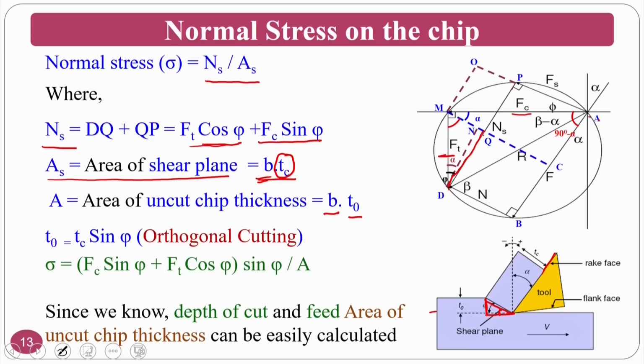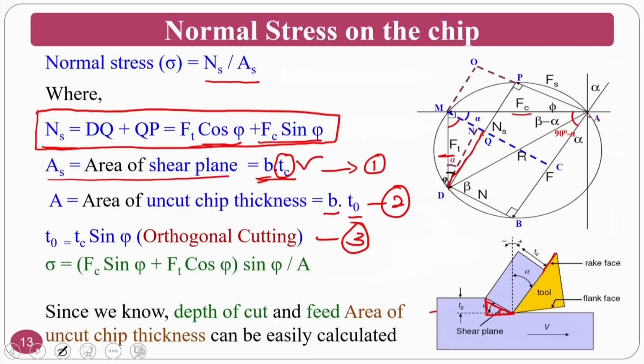Now we don't know what is the TC, and if you put equation 2 in equation 1, you will get equation 3. So now you can put this into the above equation for sigma.